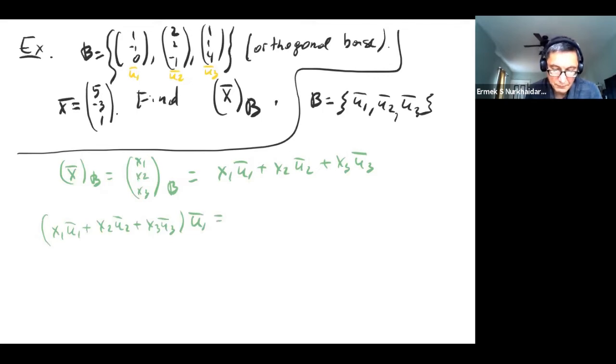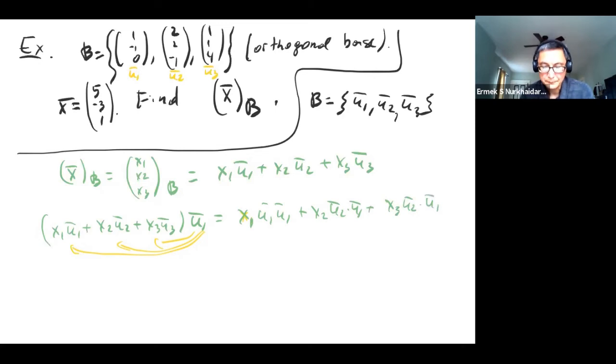I'm going to distribute u1, so I get x1 u1 times u1 plus x2 u2 times u1 plus x3 u3 times u1.